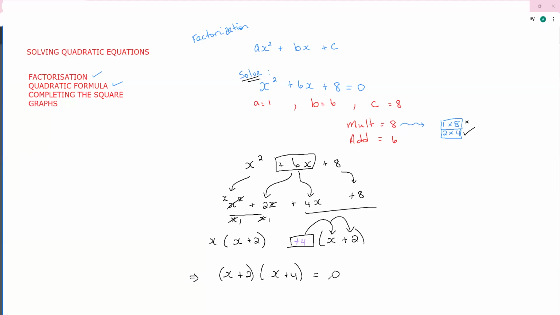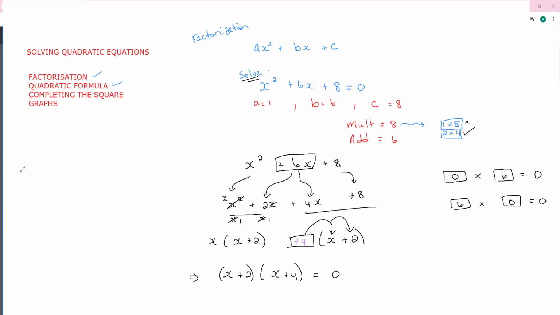So what we do is we put it equal to 0. Now, in solving a quadratic, after you factorize, let's go back to our fact. Anytime you're multiplying two numbers and your solution is 0, it means either this number is 0 to give me 0, or this one is 0 to give me 0.